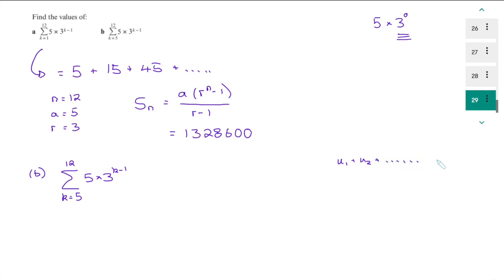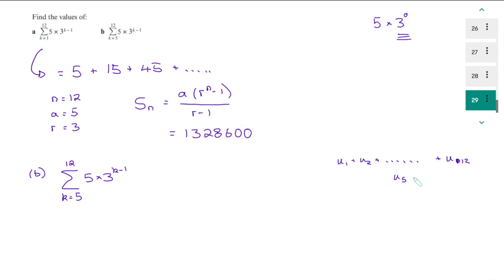I've got this series here. So I'm adding up n terms. But I only want to add up, let's actually put 12 in, should we? Let's put 12 there. I don't want to start from that, I want to start from the 5th term. So I'm not starting from k equals 1, I'm starting from k equals 5.